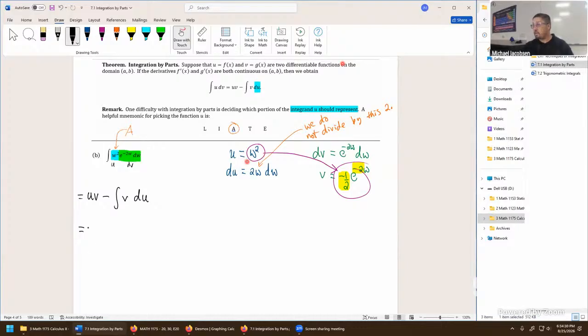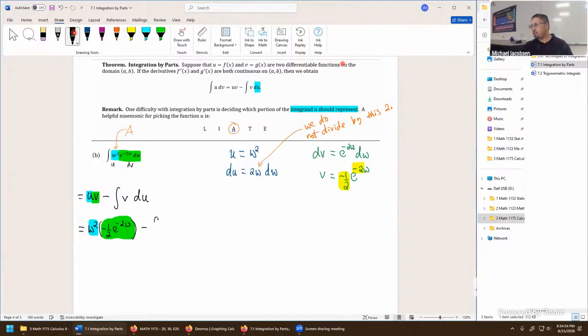So it'll be w squared times negative 1/2 e to the power negative 2w. Usually I'd put that negative 1/2 way out in front, but I just wanted to show where all the moving pieces are going instead of rearranging anything on this one. So there's the uv portion.